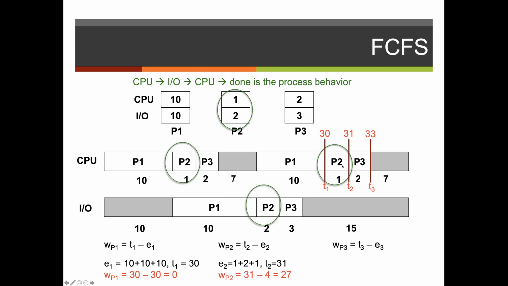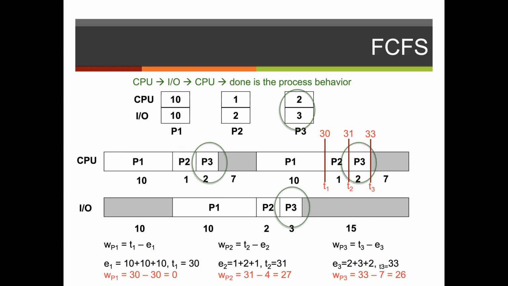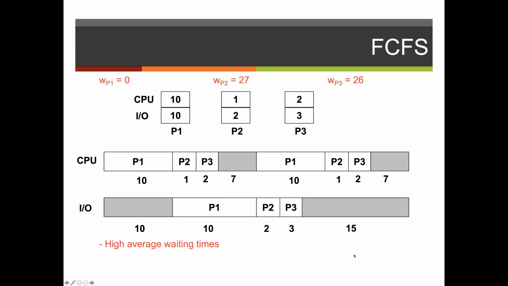And then we calculate 1 plus 2 plus 1 to be 4. So 31 minus 4 is going to be equal to 27. And then we can do the same as well for process 3. So we're going to have 33 minus 7 equals 26.